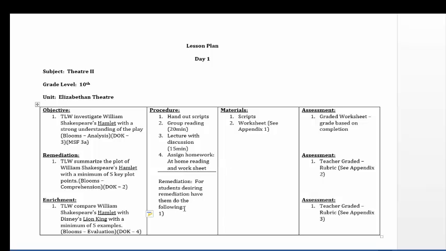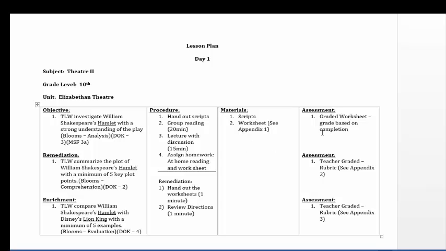Or you can drop this sentence here and just do remediation. Remediation, and then you start doing that. Now, if you're going to identify the remediation the next day, that's fine. You would just go back there. And this remediation will be pretty easy. So, proceed. And then I do an enrichment as well. Materials, scripts, worksheets, see Appendix 1.